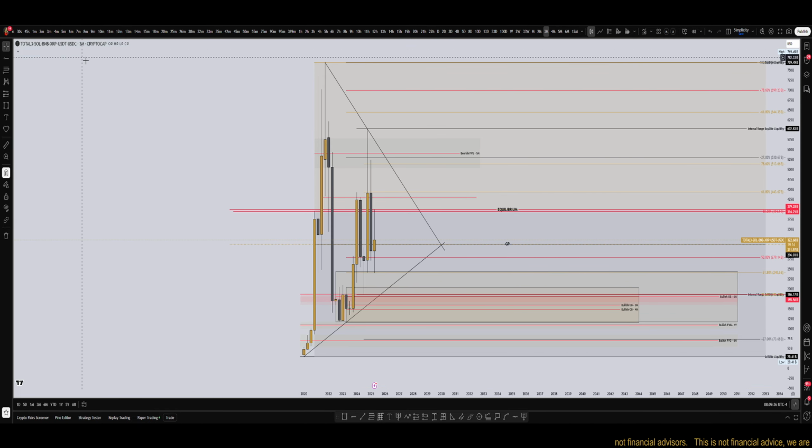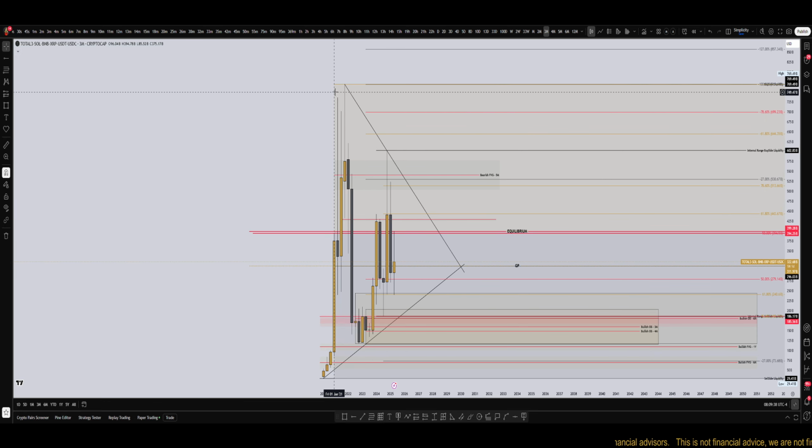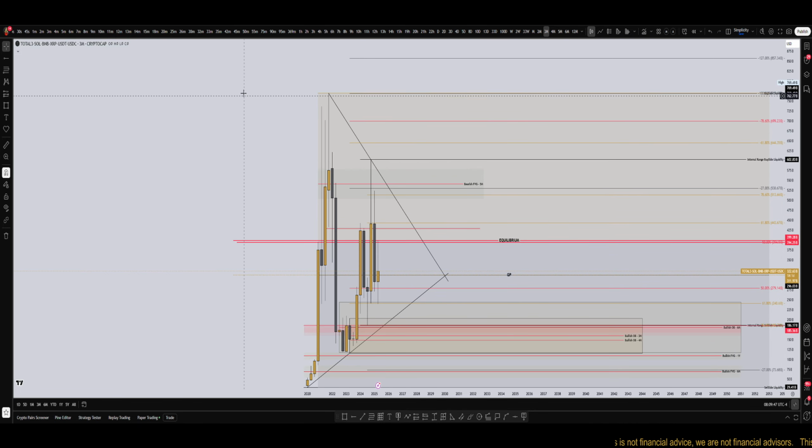What sucks here is that we do not have the full picture, because you can see that it goes up to 2021. This was 2024. We could also get a scenario, because we don't know how this looked with the 2018 data, that we could potentially find a top in this region, right?